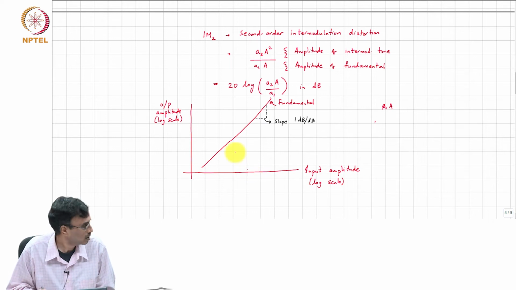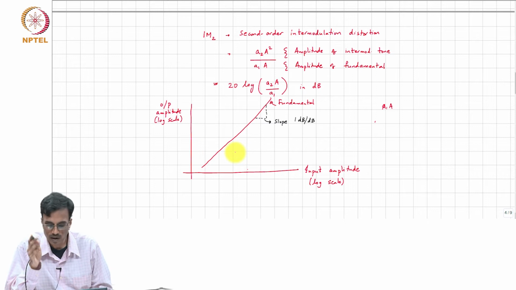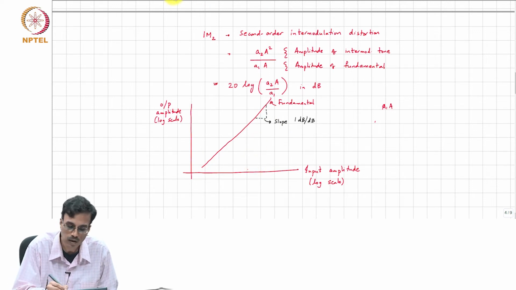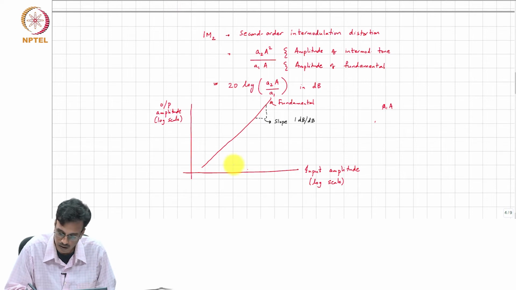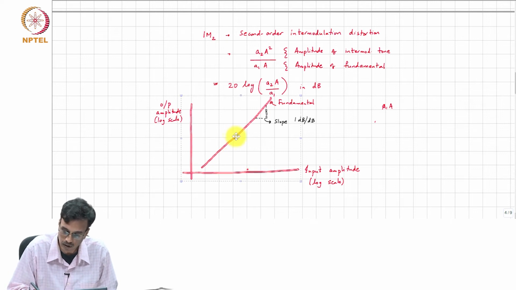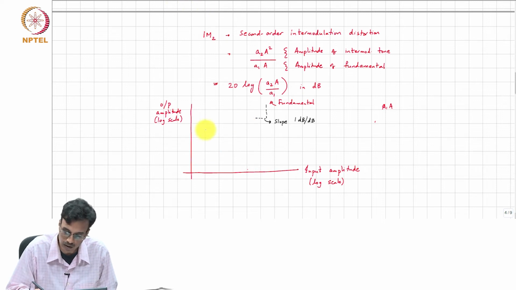The second order intermodulation tone strength is proportional to A square, so it will go up with a slope of 2 dB for every dB increase in the input. So, let us plot this, maybe a little higher. Let us do this.